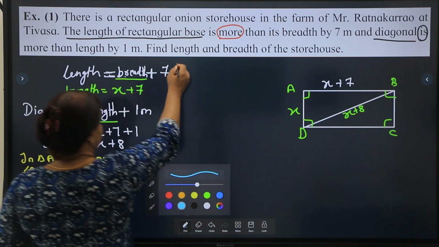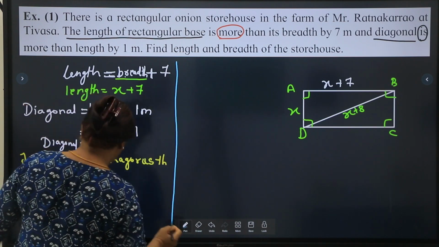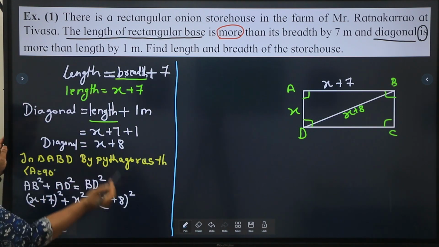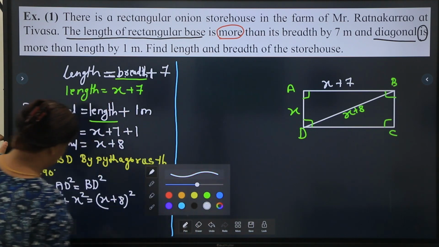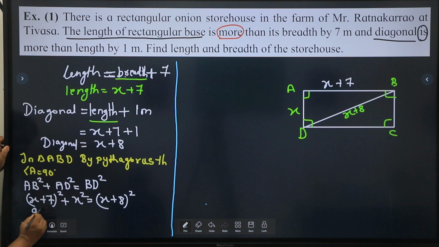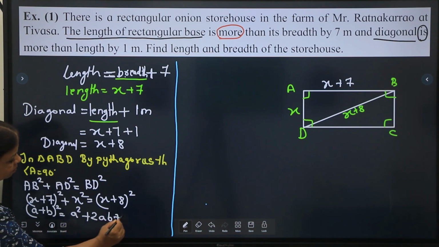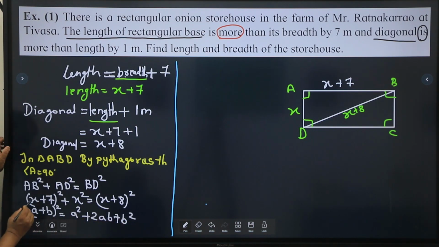Let me draw the line, children. See, x plus 7 the whole square comes here as a plus b the whole square, and a plus b the whole square is a square plus 2ab plus b square. Here x means a, and b means 7.